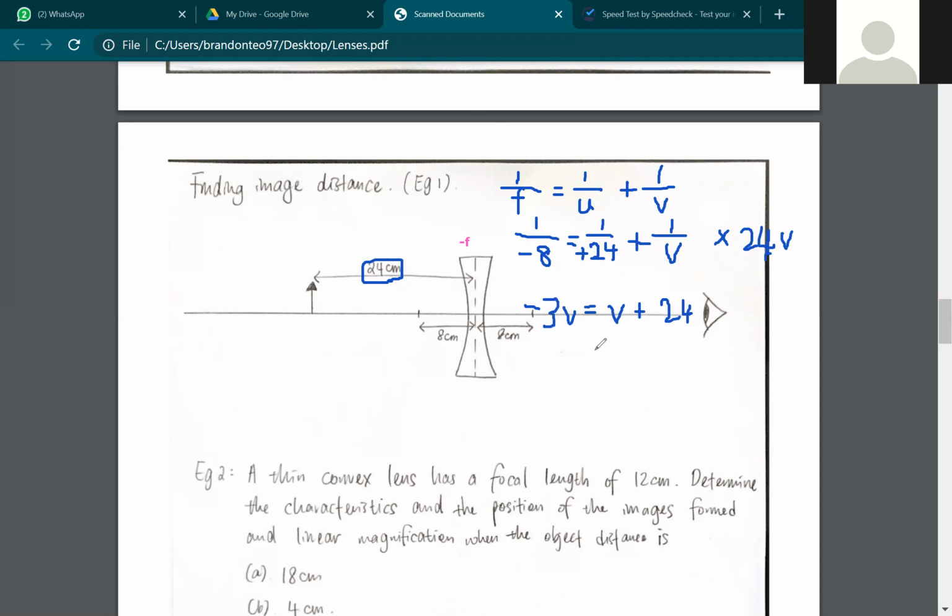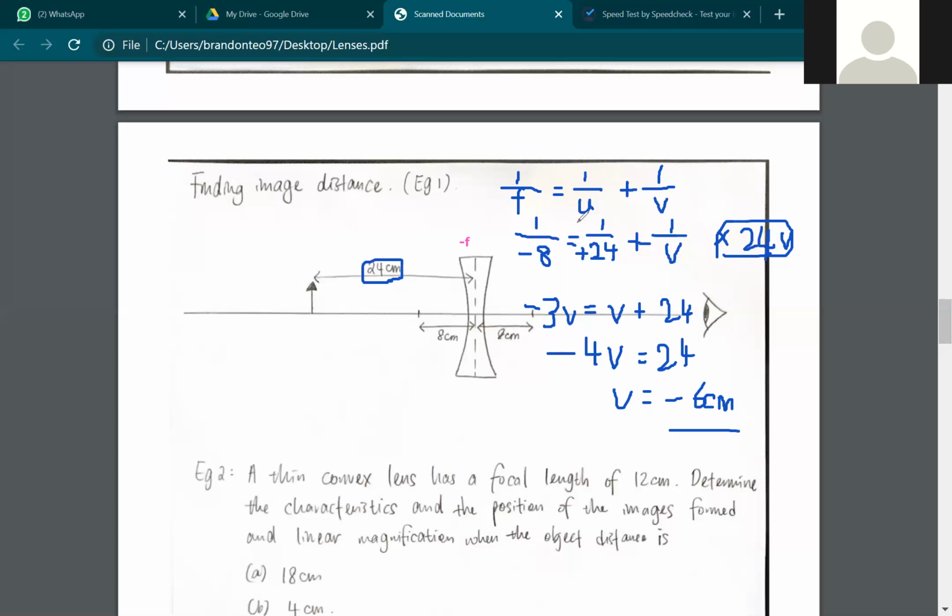Negative 3V equals V plus 24. I just times this to eliminate the fraction. Now I find V. Minus 3V minus V is minus 4V, equals 24. Right? And then you find V is equal to minus 6 cm.